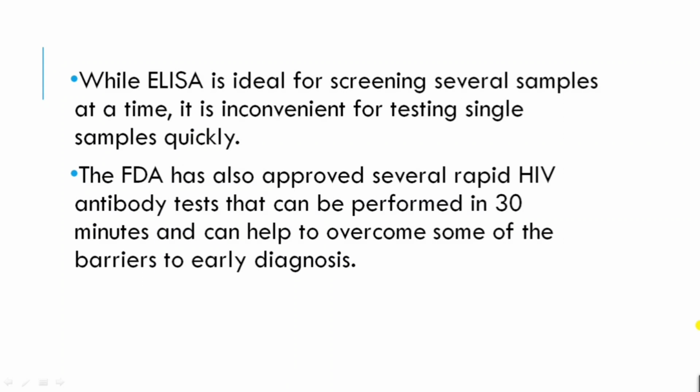The FDA has approved that rapid HIV antibody tests can also be performed as a screening test, which gives us a result in 30 minutes. If the rapid test or the ELISA test gives you a positive result, you have to go for a confirmatory test.